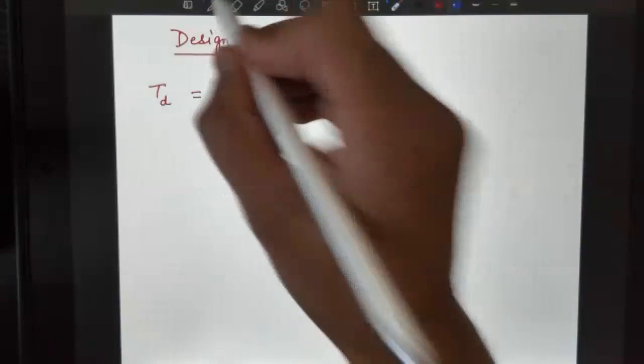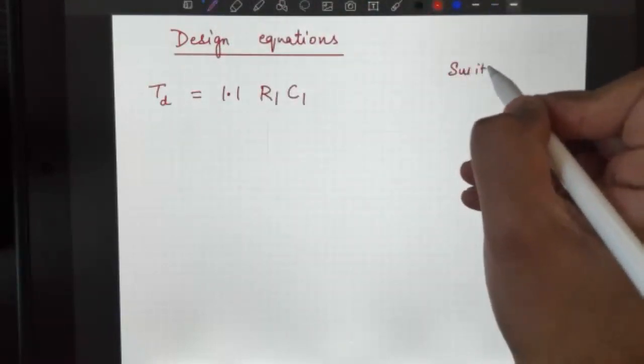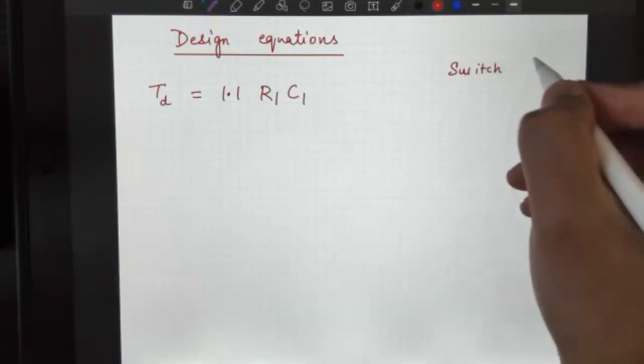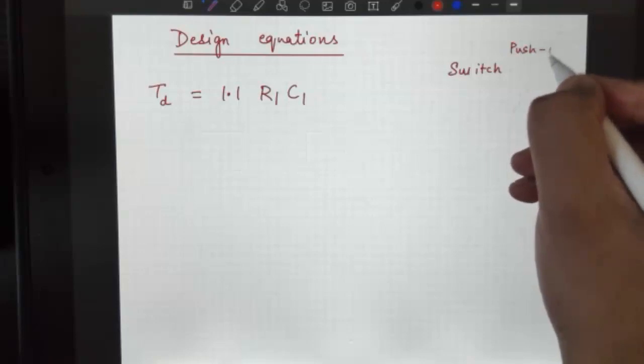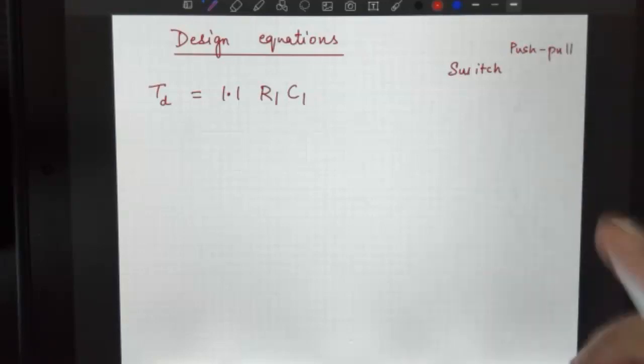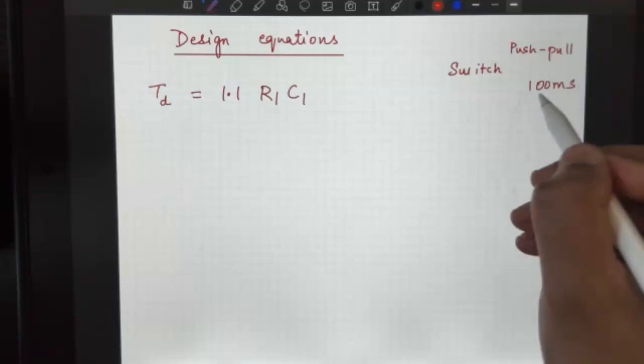So suppose we look at a typical switch, and the data sheet of that push button suggests that the typical bounce is about 100 milliseconds.